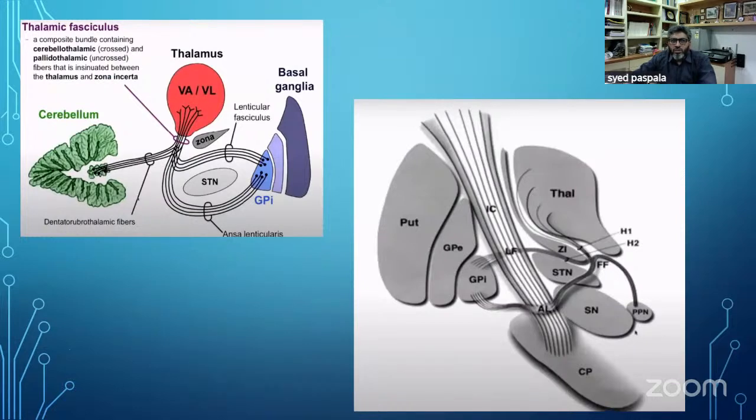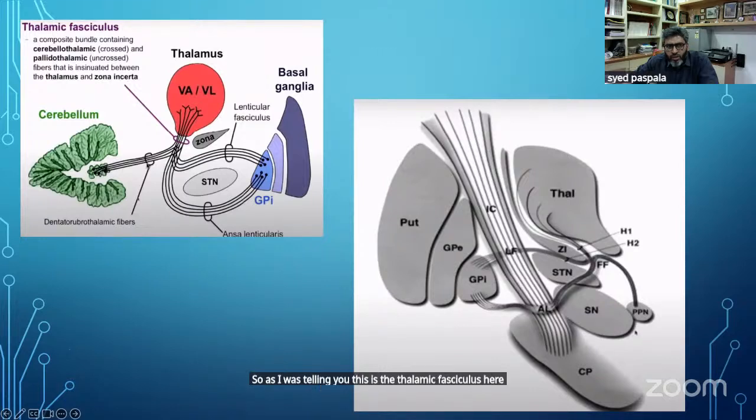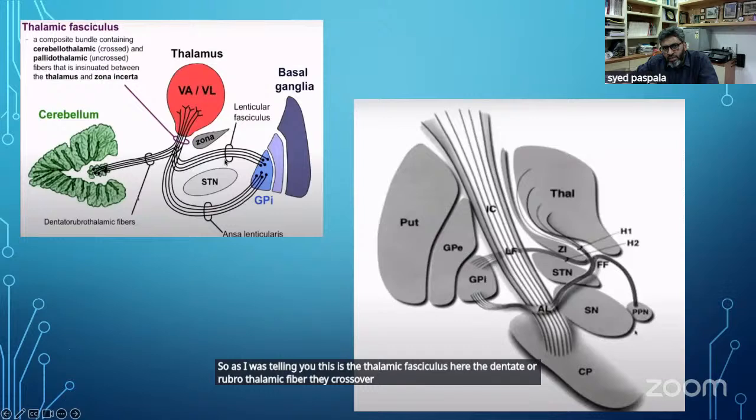So as I was telling you, this is the thalamic fasciculus here. The dentatorubrothalamic fibers cross over, and then the lenticular fasciculus from GPI will be connecting here between the zona incerta and the subthalamic nucleus, and ansa lenticularis will be connecting below the subthalamic nucleus.